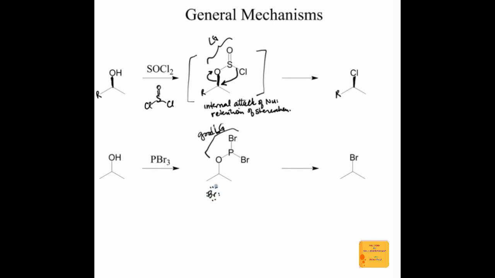So after we make that good leaving group, we're going to get displacement of the leaving group. This mechanism looks like backside attack because from an external nucleophile, that's what we have here. We have an SN2. So what kind of stereochemistry do we expect in that sort of substitution? Backside attack gives us inversion of stereochemistry.